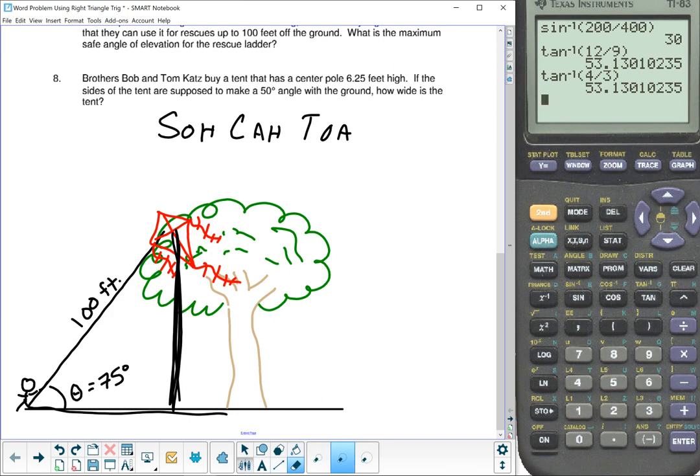Let's call it X. So what do we have? We have the angle and we have the opposite from the angle, right here. And we have the hypotenuse, because the tree supposedly grows straight up. So that means 90 degrees right here. So it's the same thing. So we have opposite.